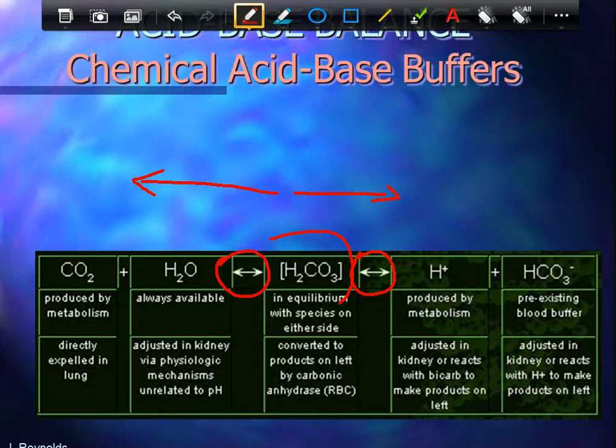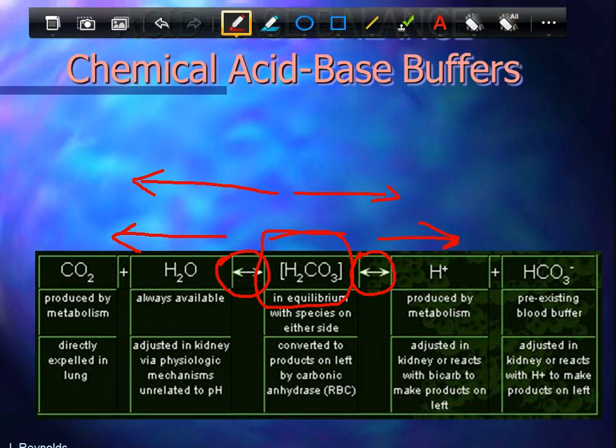So this guy can affect which way we go. We'll talk more about this in just a second.